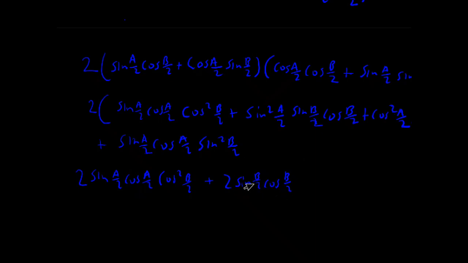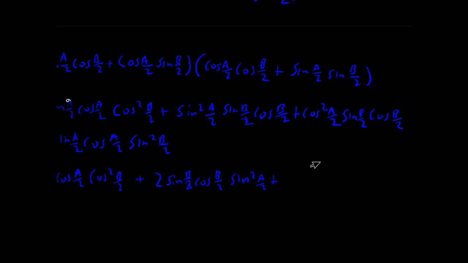Okay, so it's going to be cos b over 2. And then we're going to have sine squared a over 2. Alright, great. And then this side, it's going to be 2, so let's just write it in this order: 2 sine b over 2 cos b over 2, and then we're going to have cos squared a over 2.